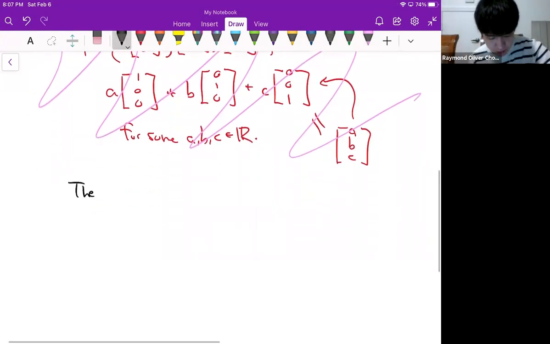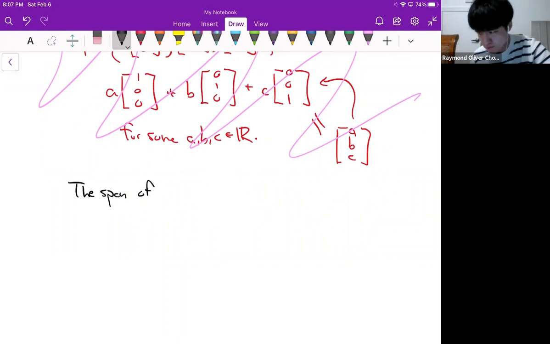The span of, let's say, what do I want to call them? Let's call them V1 up until Vk, where k is your favorite number. And don't worry, I will do an actual example in a bit.